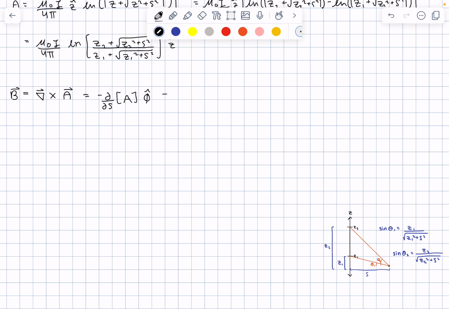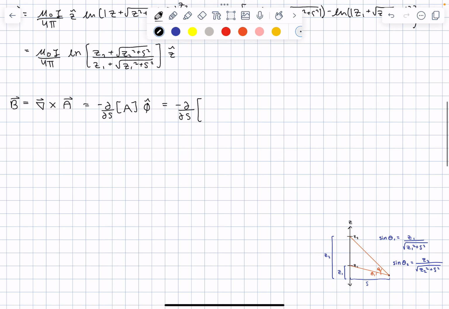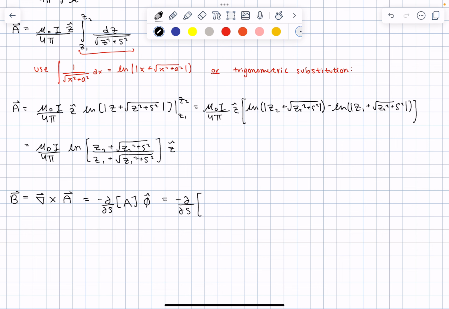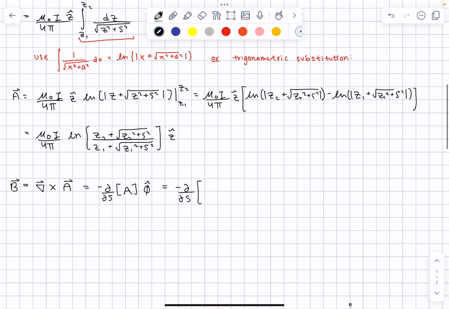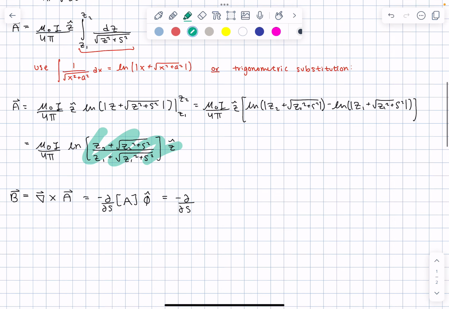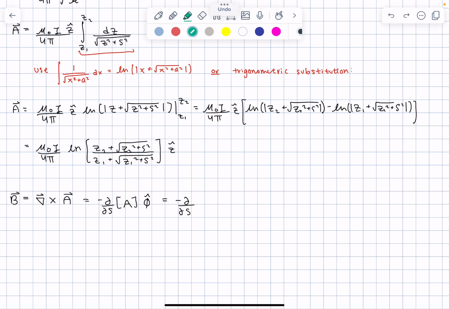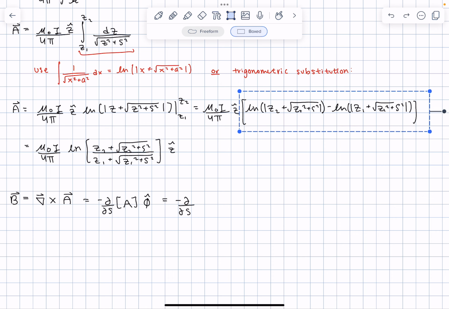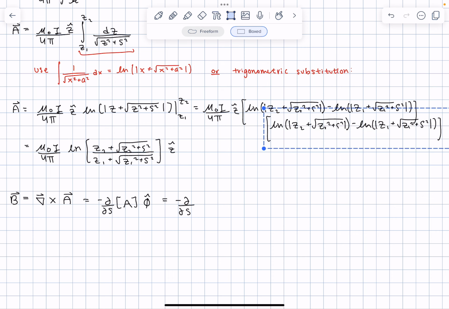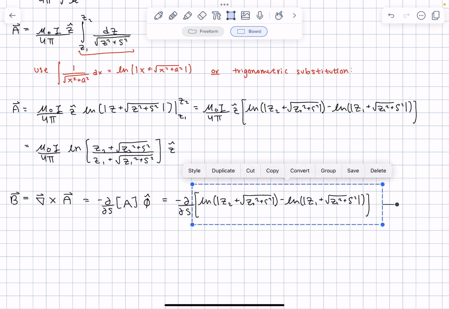And this is then going to be equal to the negative partial derivative with respect to s of, I'm just going to actually rewrite it. Rather than using this, I'm just going to plug in this because it will be a bit easier algebraically. So I'll just copy that down to here to save a little bit of time.